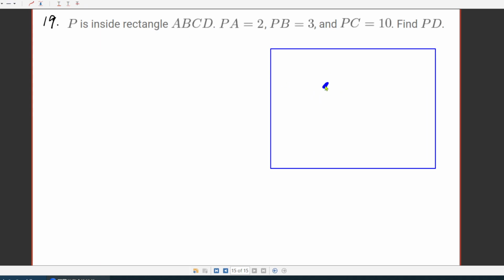And you have P somewhere here, right? So A is here, B is here, C is here, and D is here. Then we have PA.